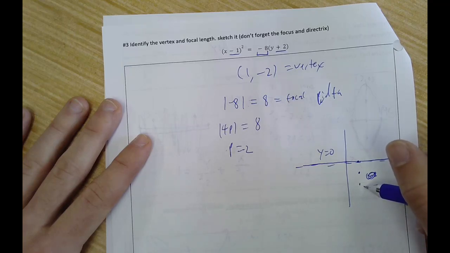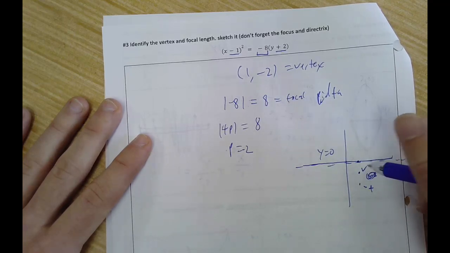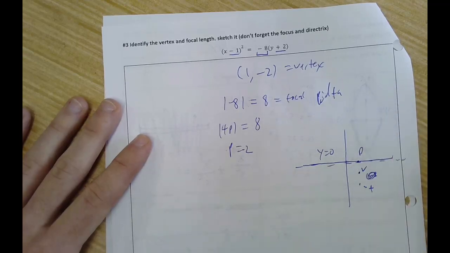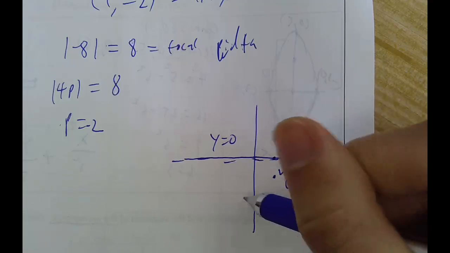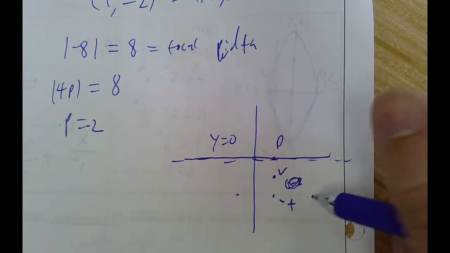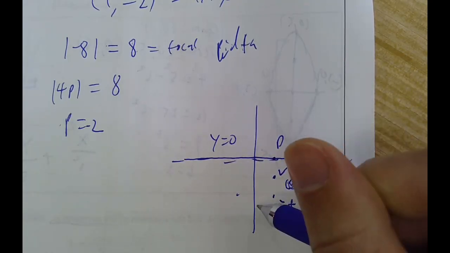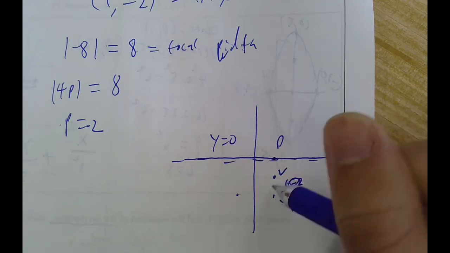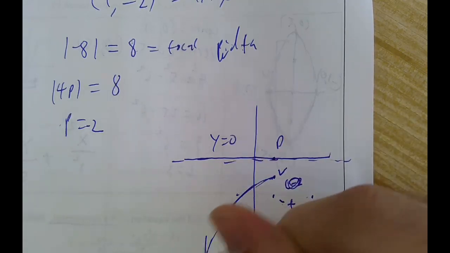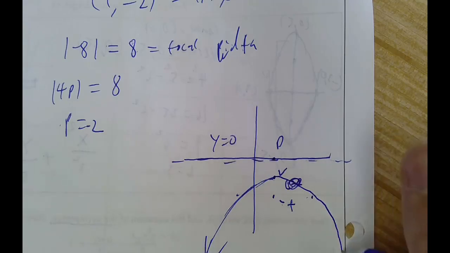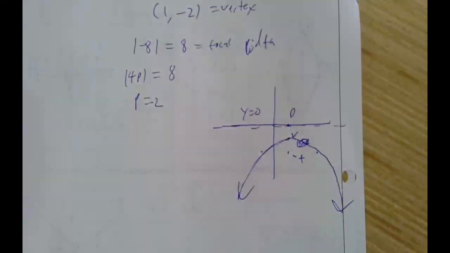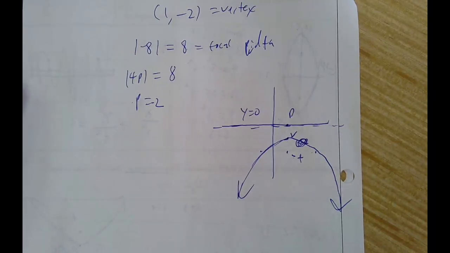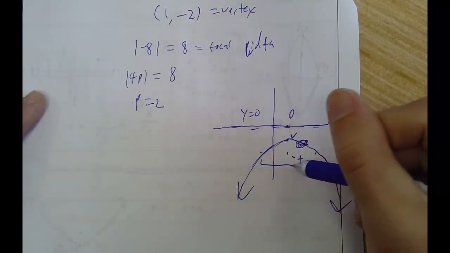This is our focus, this is our vertex, and this is our directrix here. Okay, and the focal width is the distance from here to here. We know that's 8, so that must be 4, and this must be 4. So we get this curve. Okay. This is the focal width.